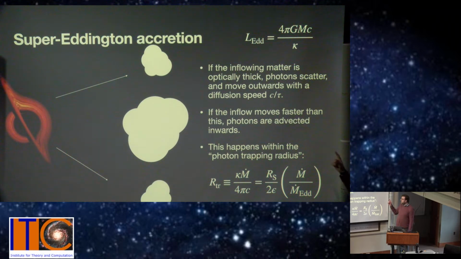If the inflowing gas is faster than this diffusion speed, you advect the photons inwards and they don't escape. This happens within what's called the photon trapping radius, which depends on the accretion rate, the Eddington rate, the radiative efficiency, and the Schwarzschild radius.